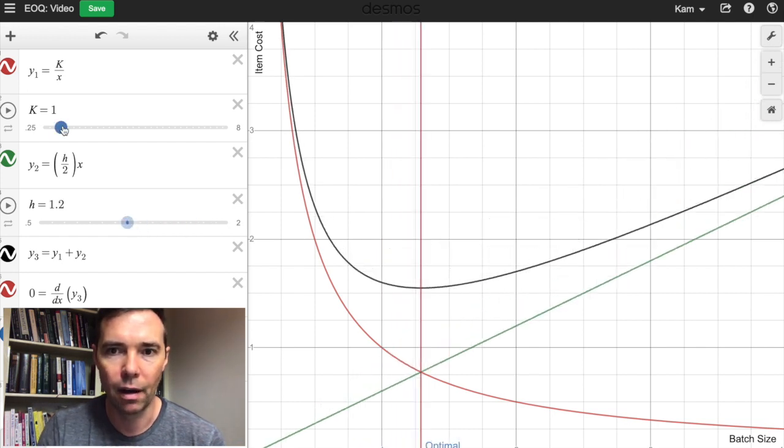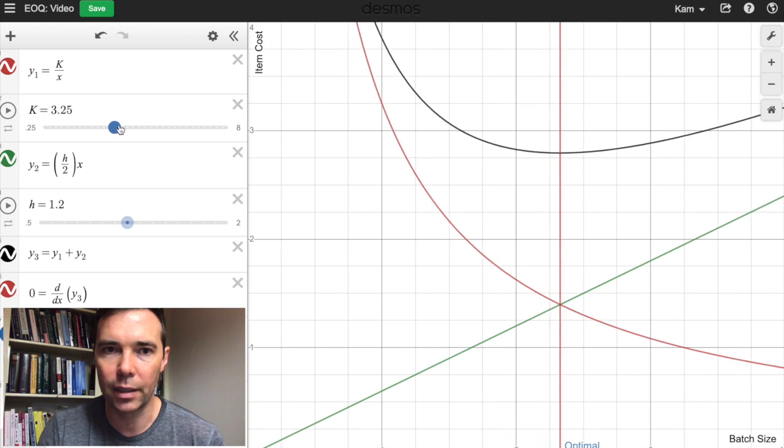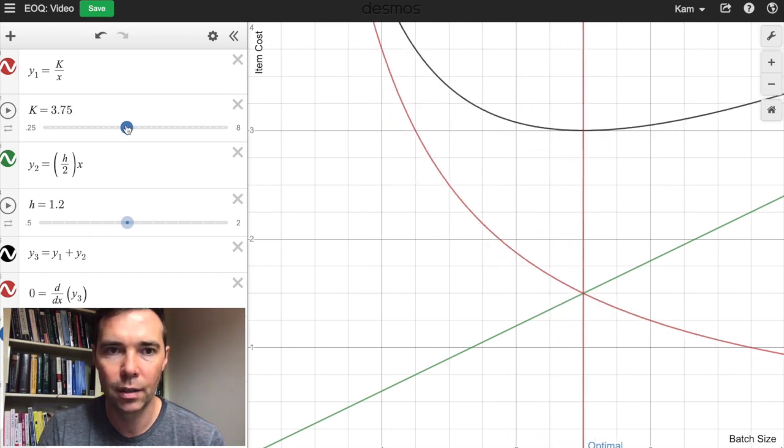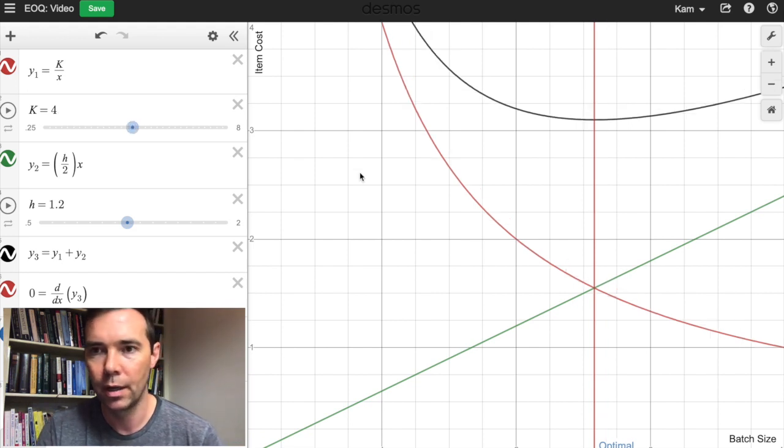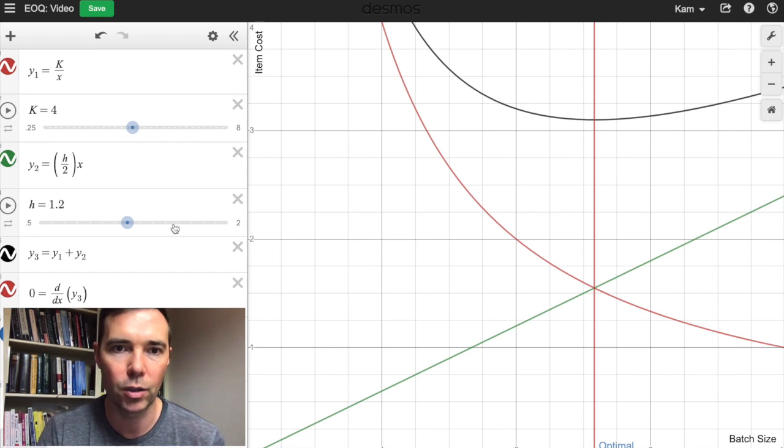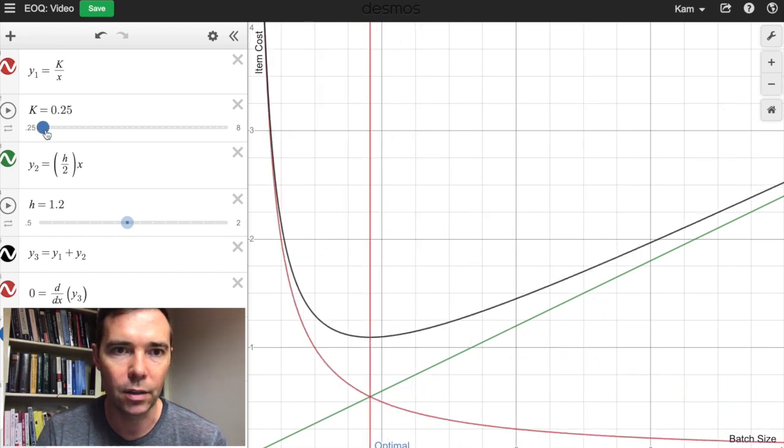It takes a very high cost per batch, the equivalent of 4 hours per deployment, to start pushing us up over a few items in that batch.